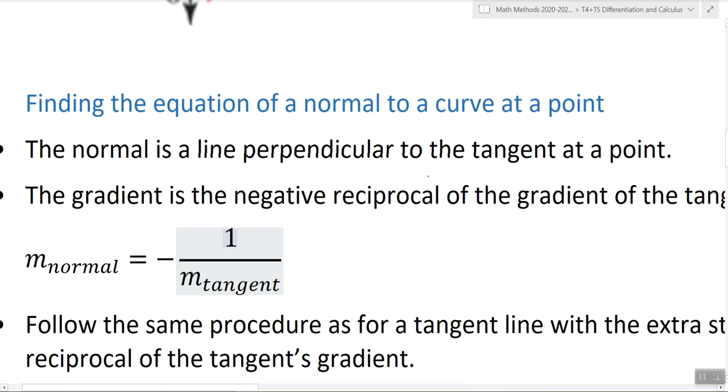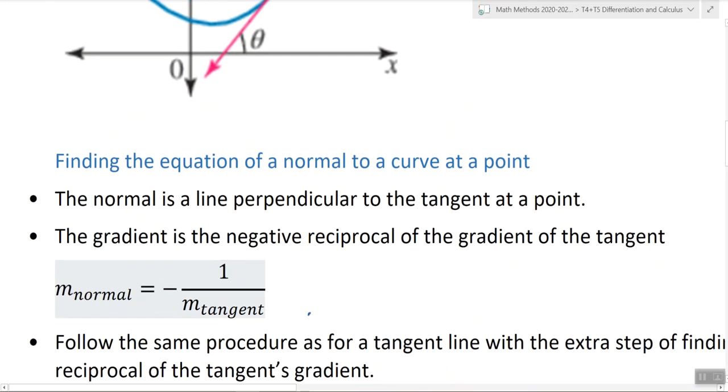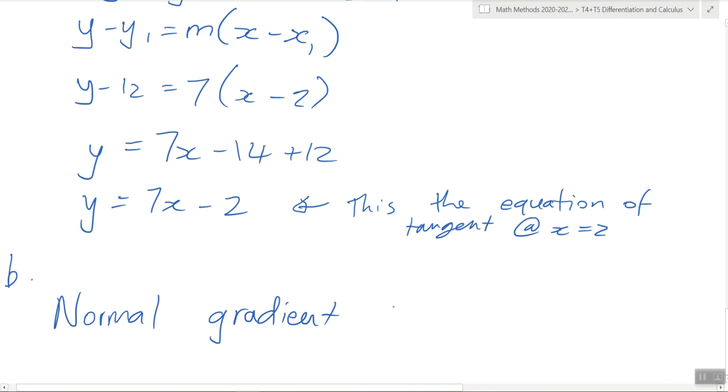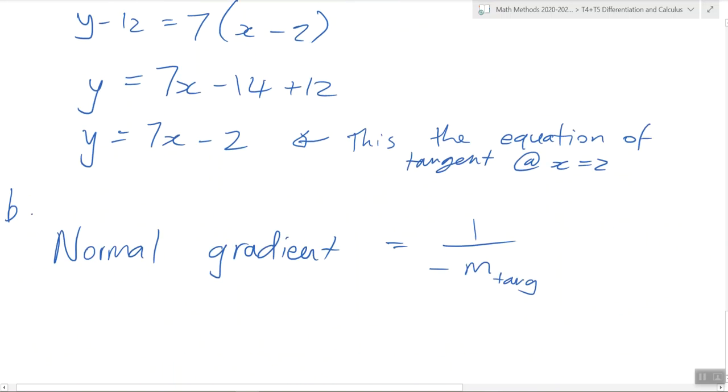This is the main thing you should write down today. The gradient of the normal is the negative reciprocal of the gradient of the tangent. Okay? Is equal to 1 over the negative tangent gradient. So it's 1 over negative 7.